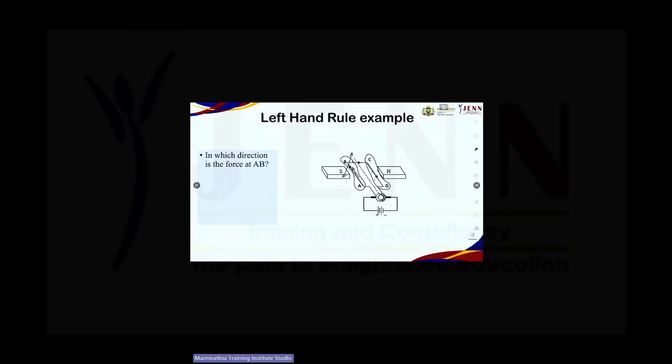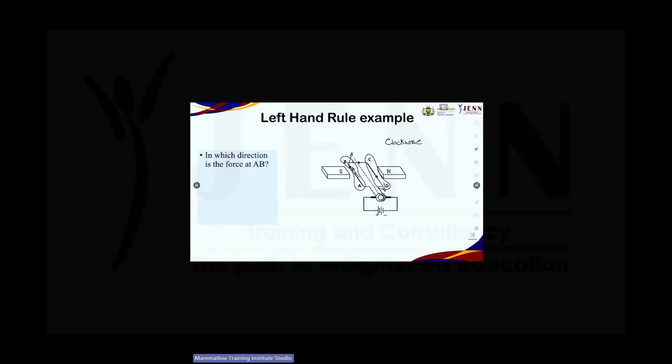So your AB is going to flip upwards, and then you will see also that if we look at CD, CD is going to flip downwards. So in this case, it is going to rotate clockwise.